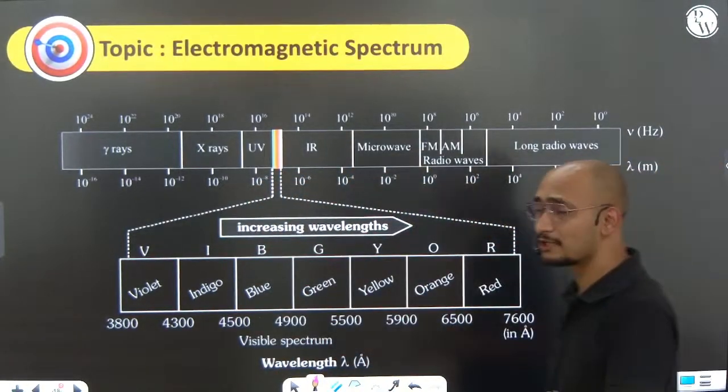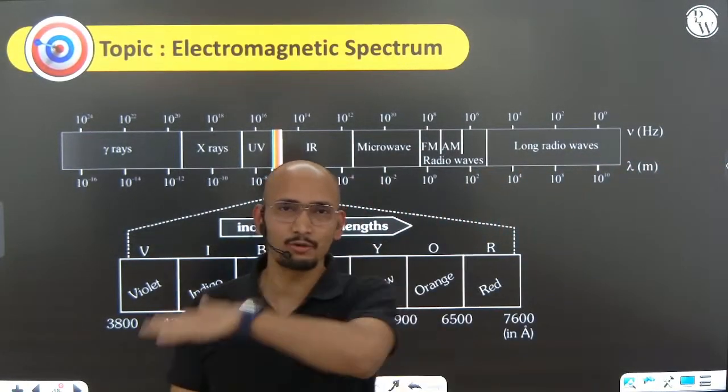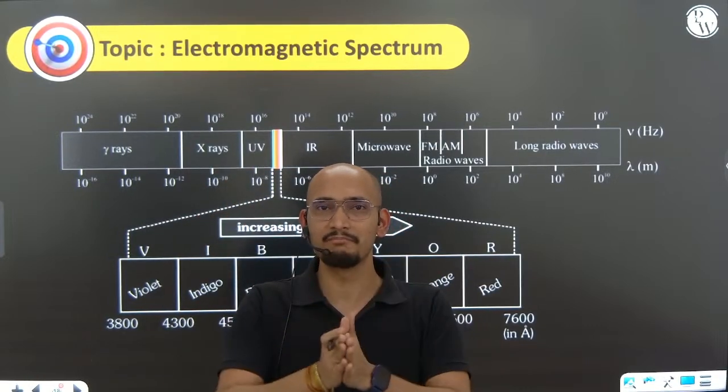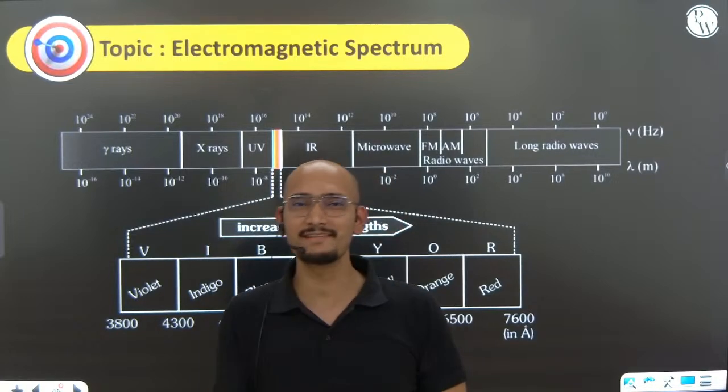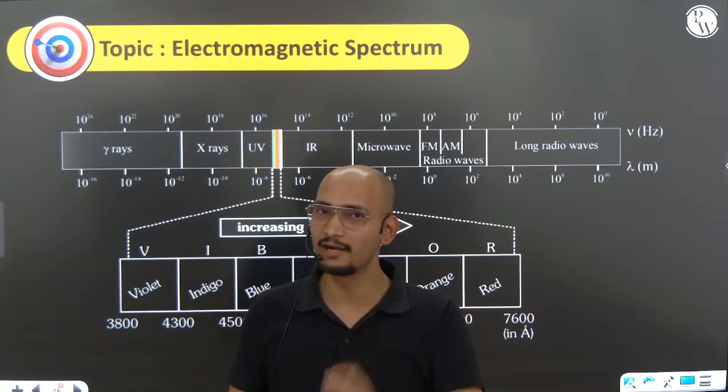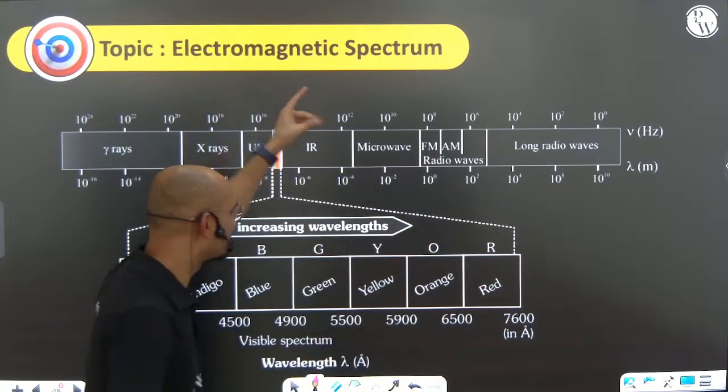Electromagnetic spectrum. What is electromagnetic spectrum? Always remember, if these electromagnetic radiations are there, if you put them in increasing or decreasing order of their frequency or wavelength, whatever series you get is called the electromagnetic spectrum.